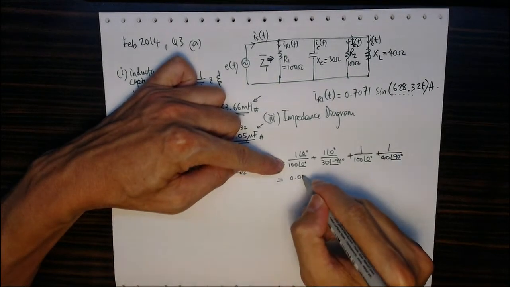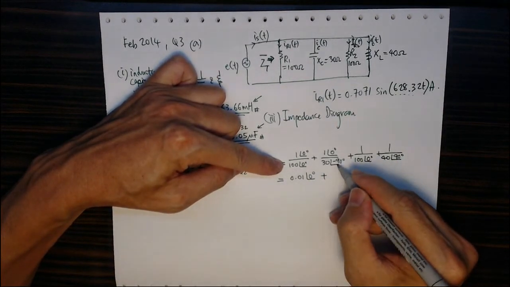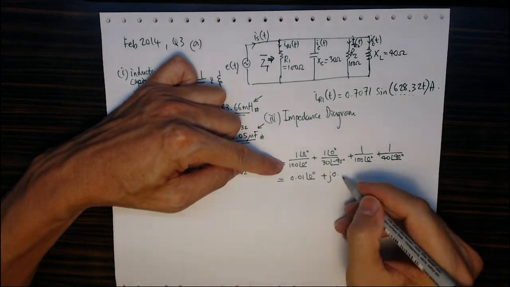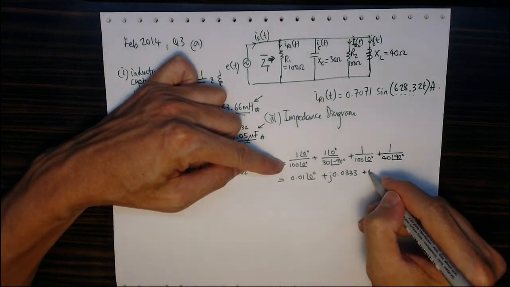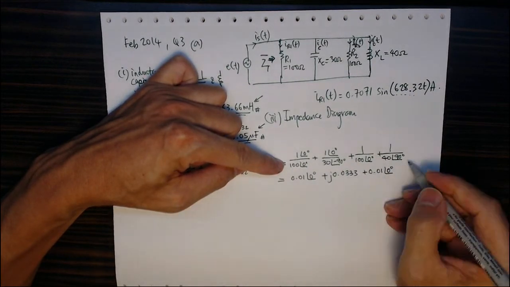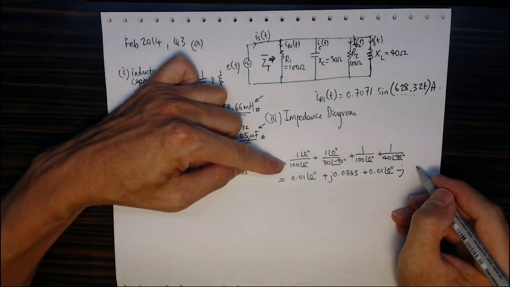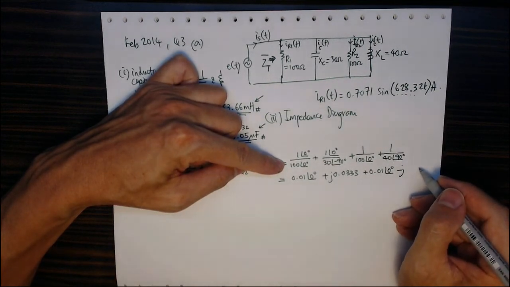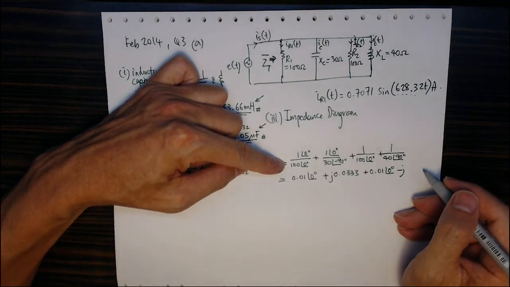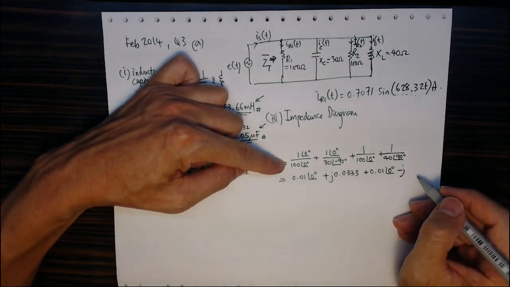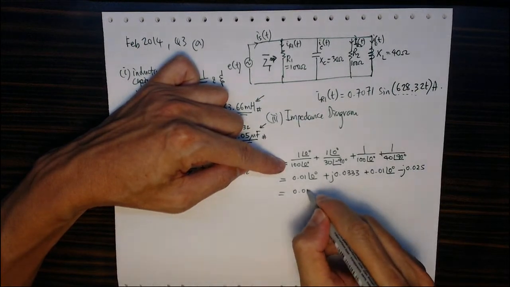So 1 upon 100 is 0.01 at angle 0, plus 1 upon 30, which is 0.033 something, plus 0.01 at angle 0, and finally 1 upon 40, which is 0.025.